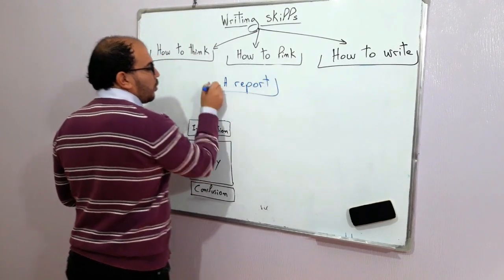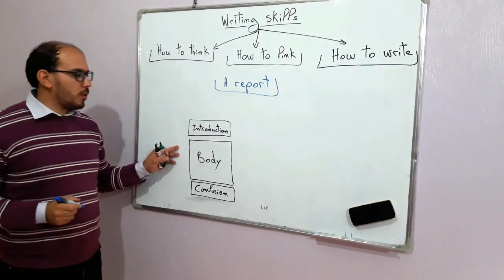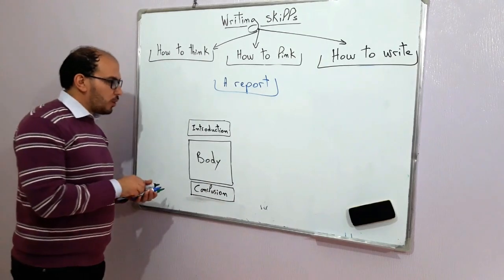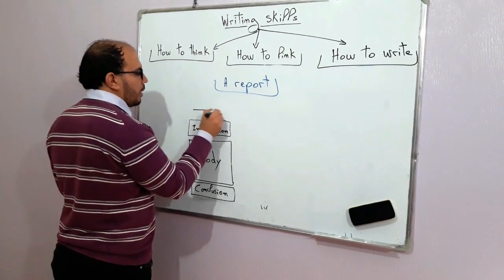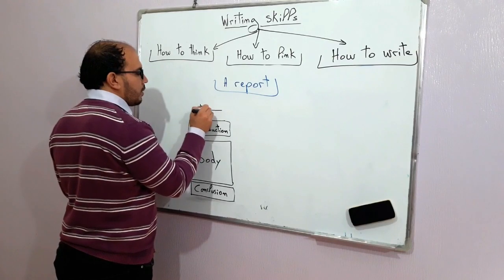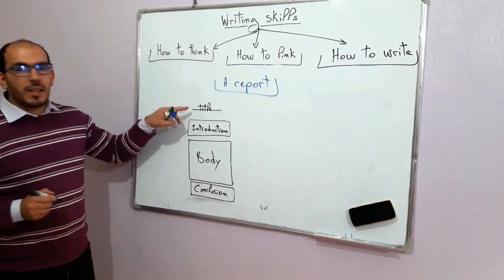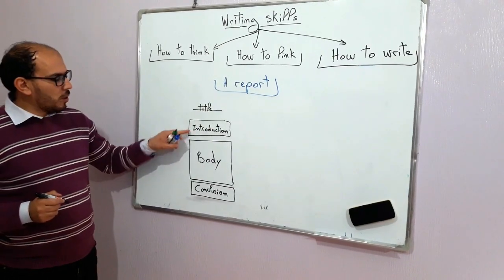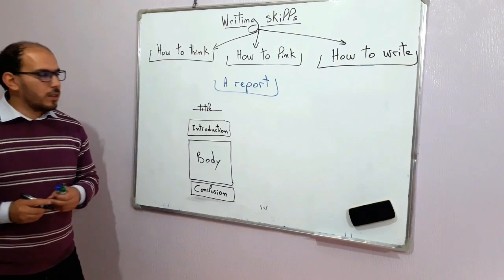For writing a report, it is the same as a review, but just one thing to add here is the title. So there must be a title, there is an introduction, there is a body, and there is a conclusion.